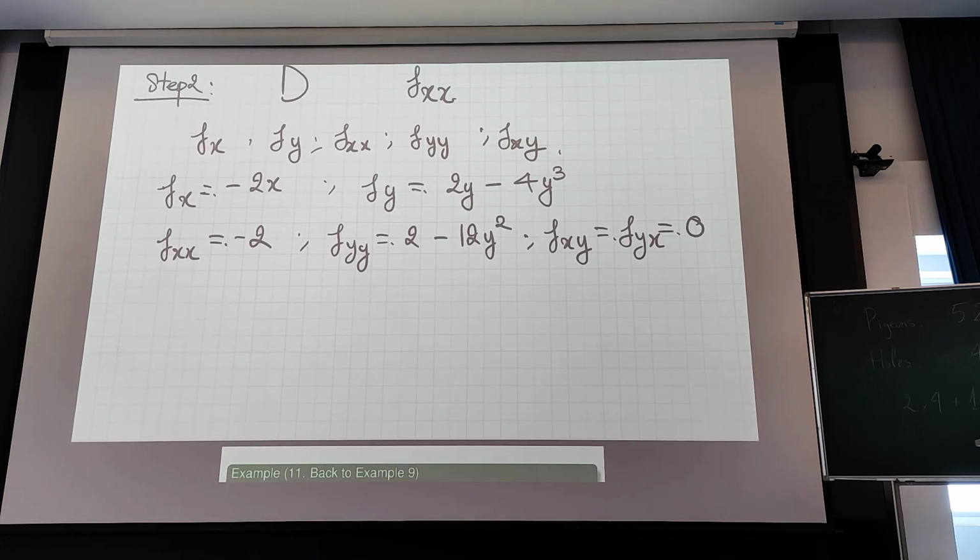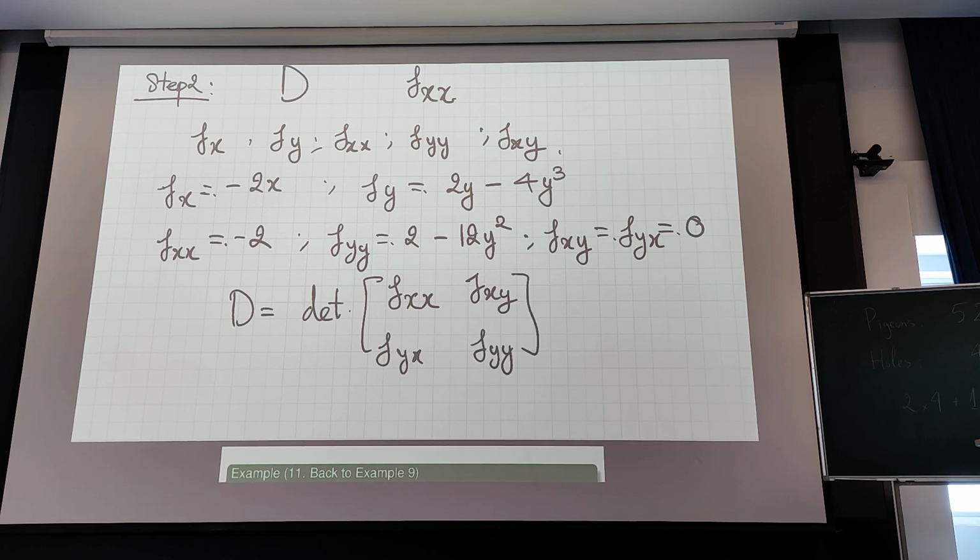Now, let's take a look at the formula of the discriminant. In the remark you see, to remember it, you can use the form of the determinant of a matrix. And using the definition of the determinant, you have this formula: fxx times fyy minus fxy squared. That is easier to remember, right?